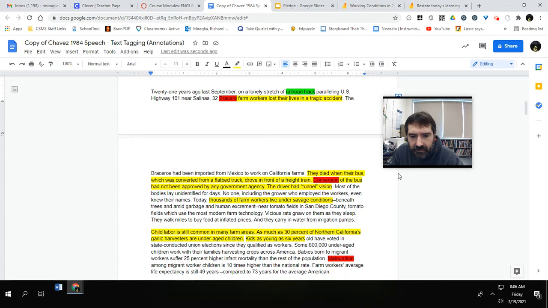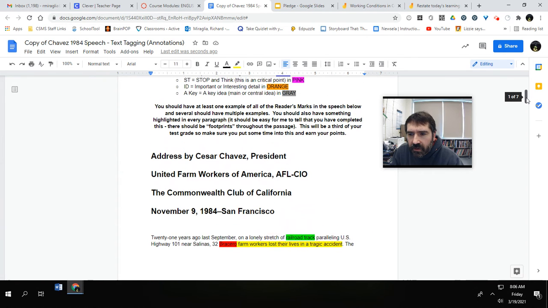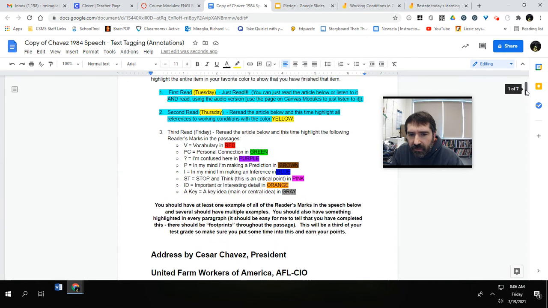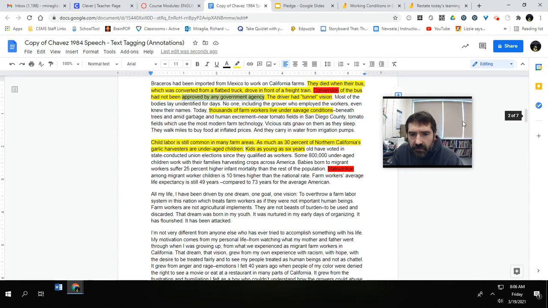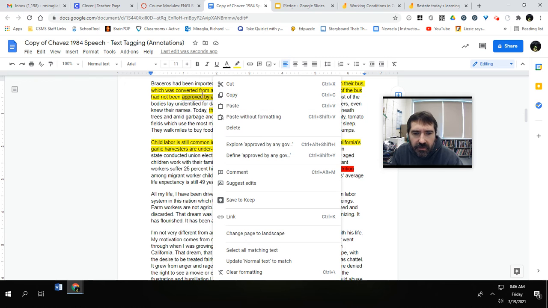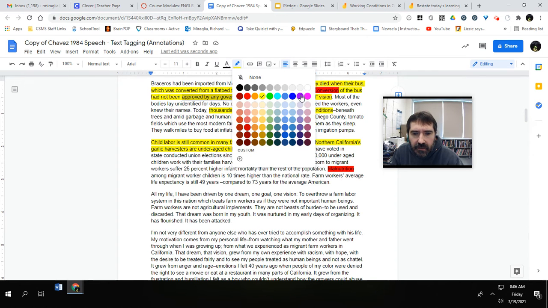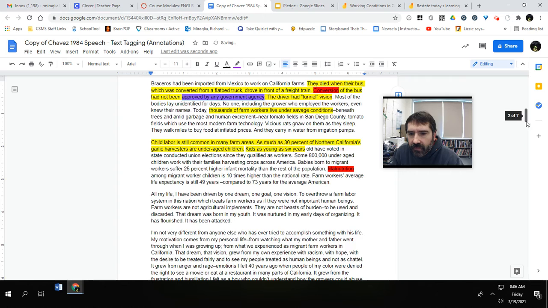Maybe you're confused because you don't understand how these people would make those conversions and transport people without approval. So as long as you can explain, you're in good shape.